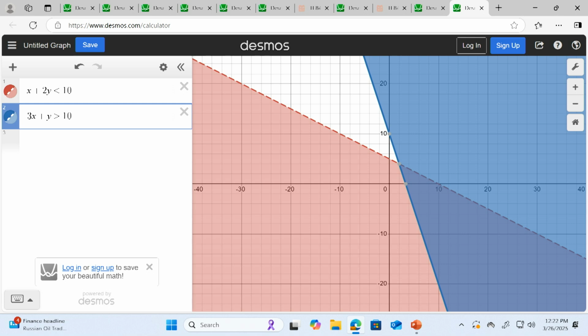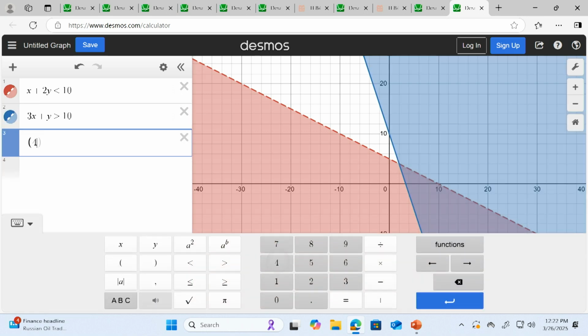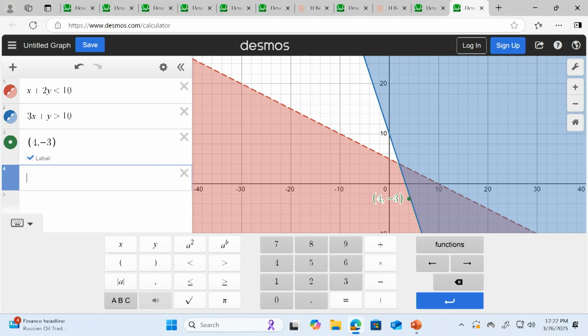So when it asked me if I had 4 comma a number, which one that could be, what I'm going to do is put that in. I've got my x value, which is 4, but now I have 4 possible y values. So let's just label them and see which one would work. We have 4 comma negative 3, label it. We had 4 comma negative 1, and let's label that one.